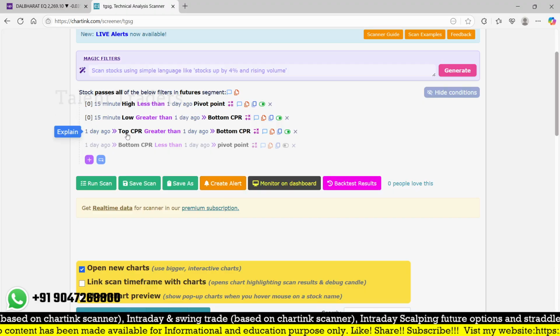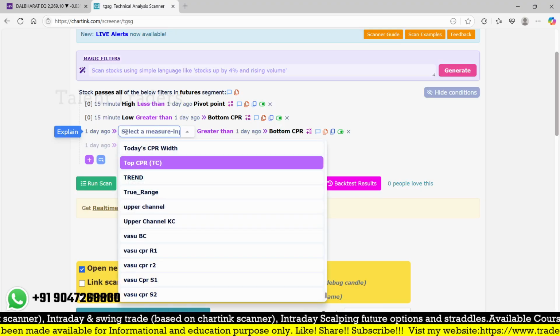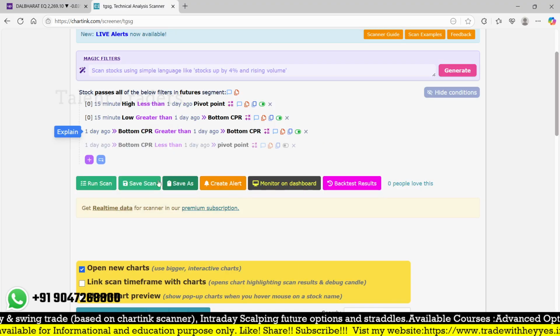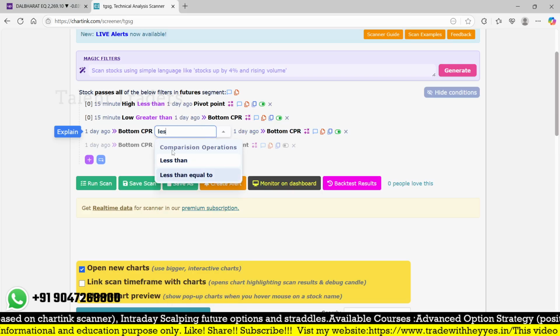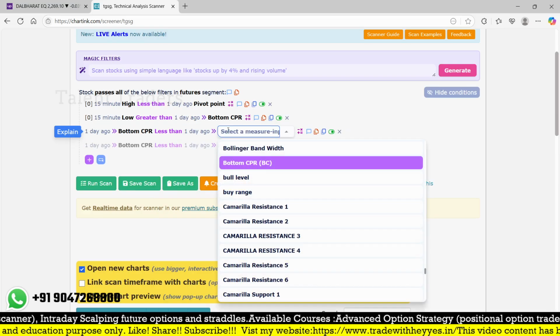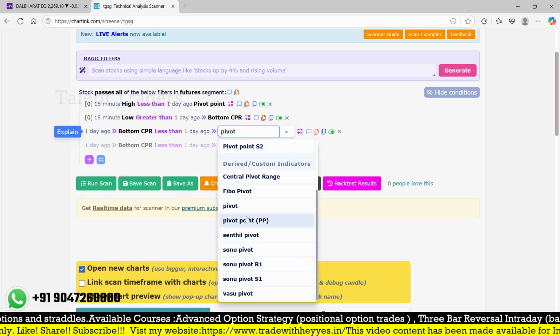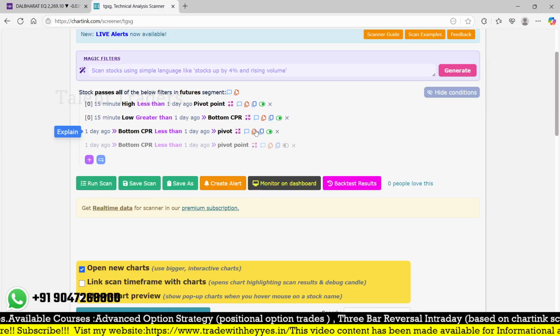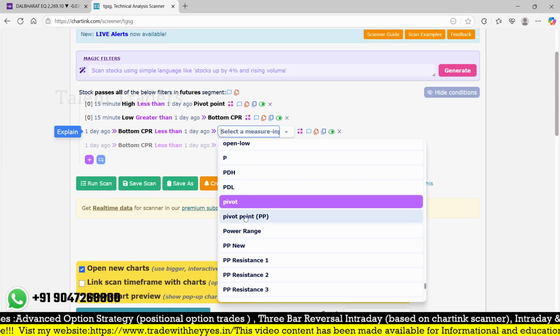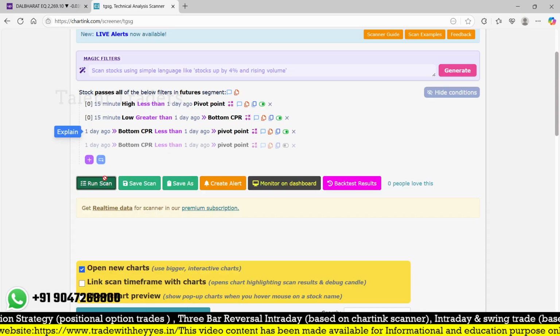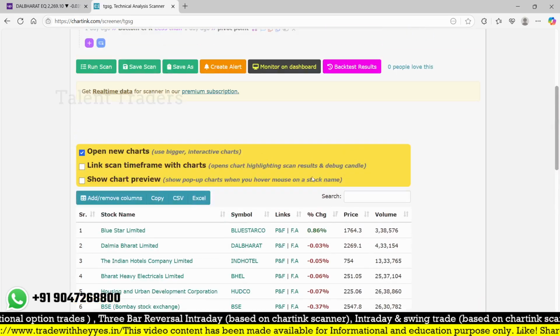So in this case, the bottom CPR should be less than the pivot. So this may be the condition. Pivot point, both are the same only. If you are on this, again the blue star came.